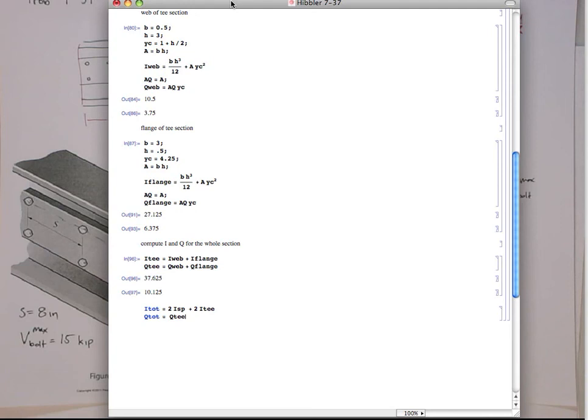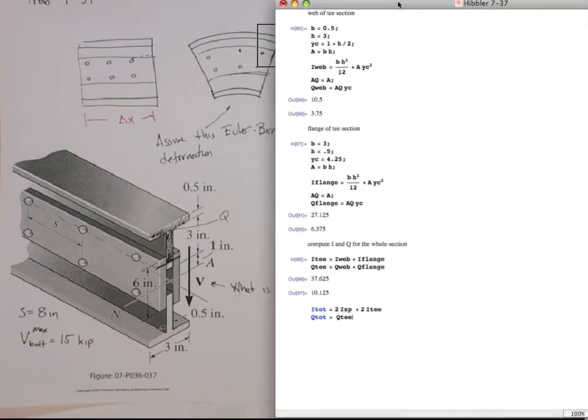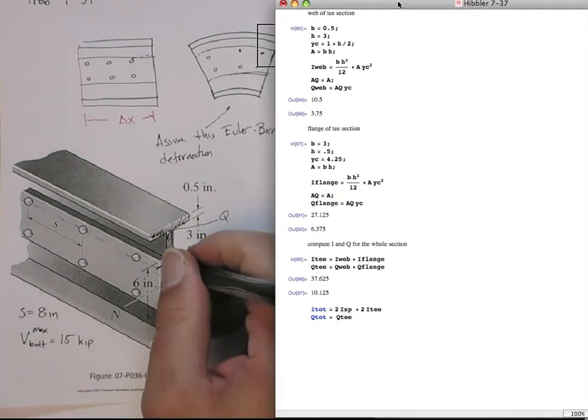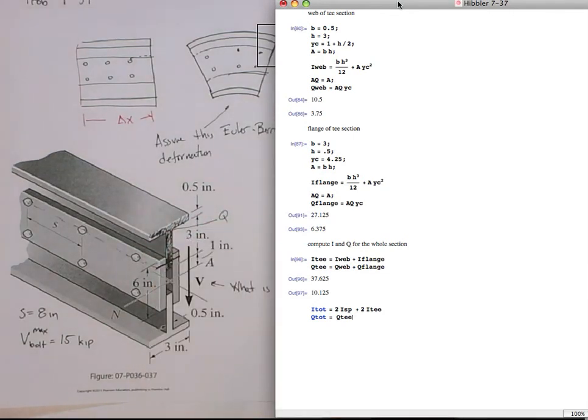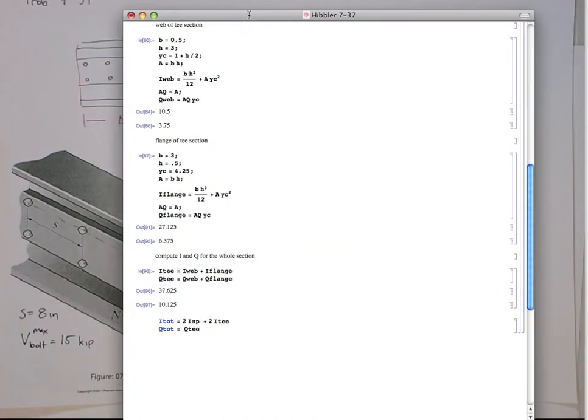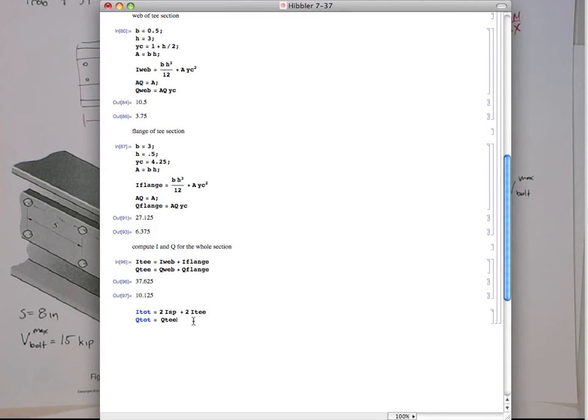And actually, this is a problem when I take these pauses, I forget. But really this is the Q of this whole section, right? This is what offloads the differential force through the bolts, through the transverse shear, right? So we want to use that entire section. All right, so now I have the I for the total section and Q for the total section.